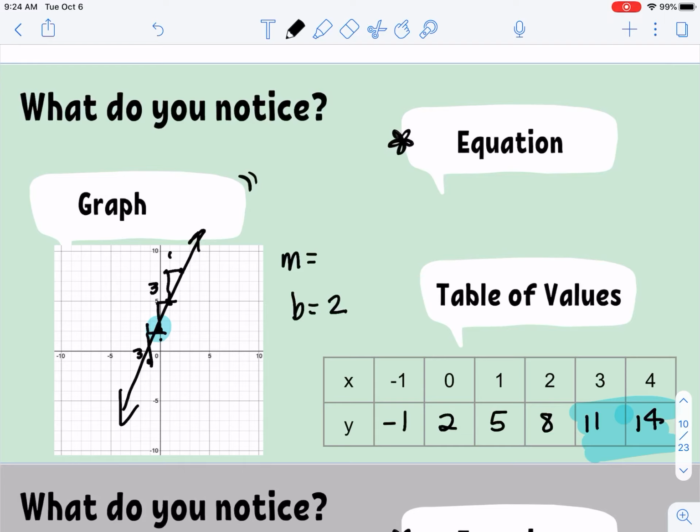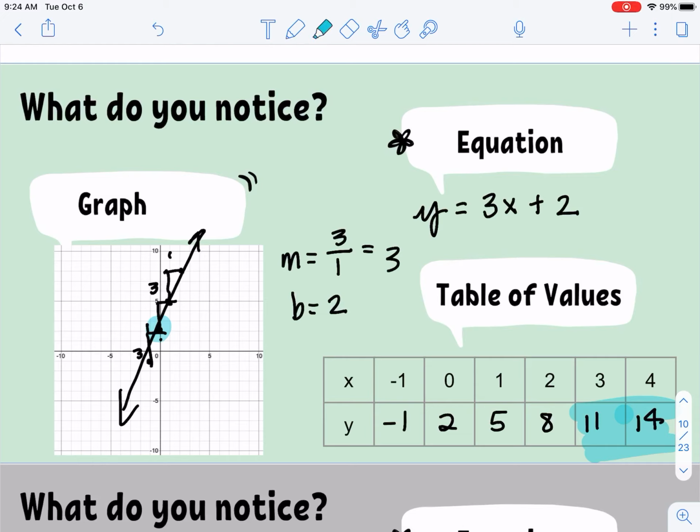Rise 3, right 1. So it appears to me that my slope is 3 over 1, also known as 3. Where did that number 3 come from? Well, let's write our equation and then we'll answer that question. y equals mx plus b, or y equals 3x plus 2.